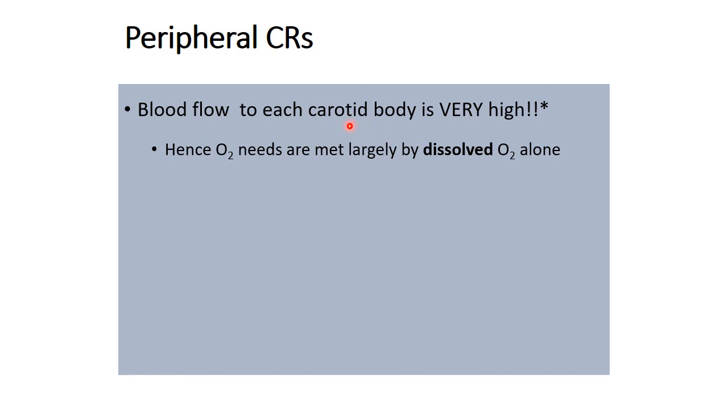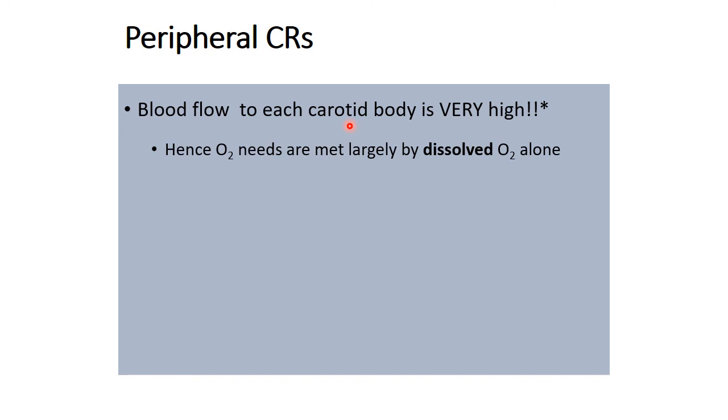So you can imagine the blood flow per amount of tissue, per weight of tissue that these very small bodies would be receiving. So a lot of blood, but the size of the organ is so small.